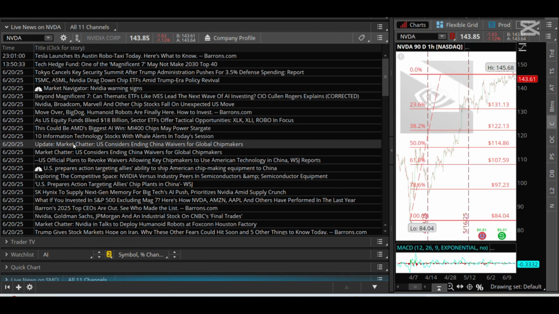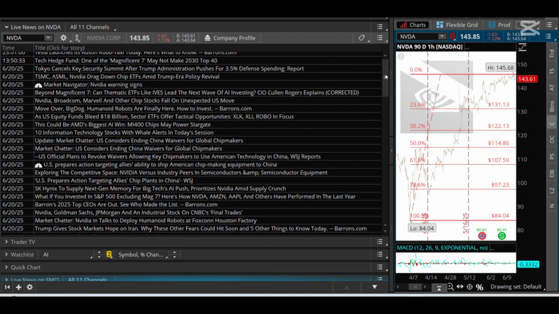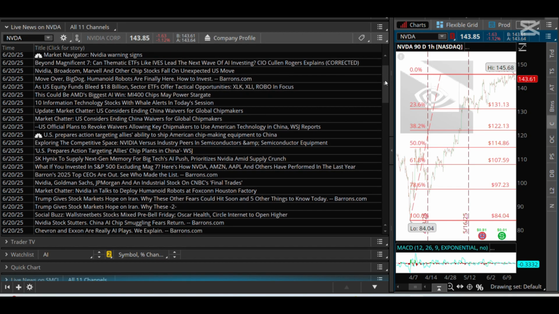Another one that also talks about the China impact says, market chatter: US considers ending China waivers for global chip makers. And if you scroll down further, you see multiple news items talking about the same thing, that is the China impact due to this waiver.